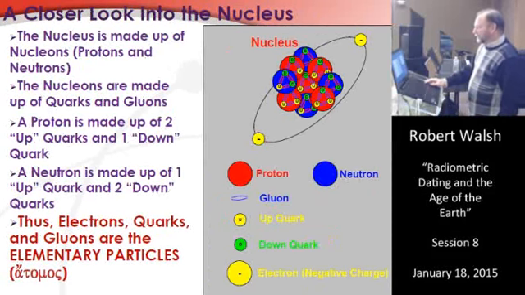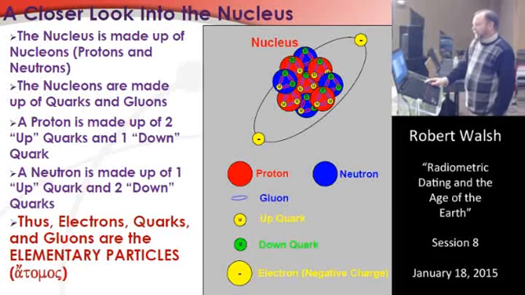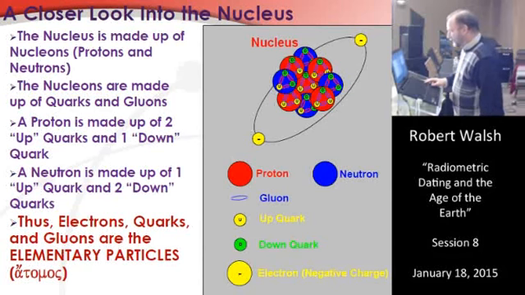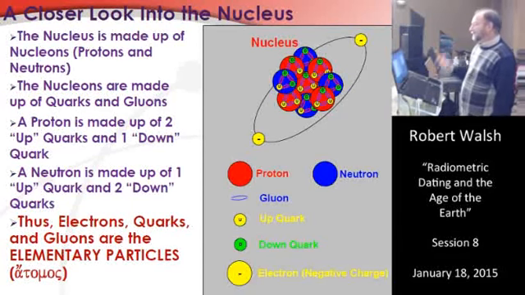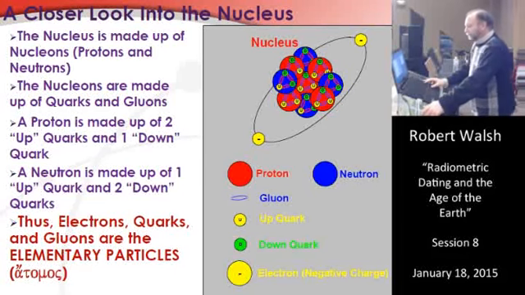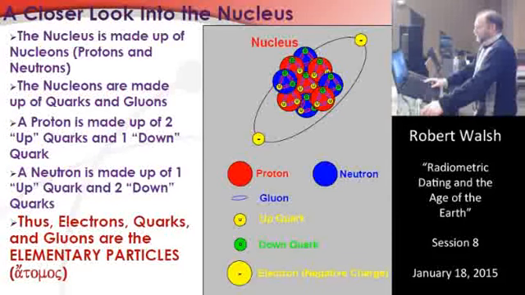So let's take a closer look into the atom. And if you notice, in the nucleus, you see the protons and neutrons, these little circles with bands connecting them. And the nucleus, of course, as we saw, is made up of these nucleons, protons and neutrons.